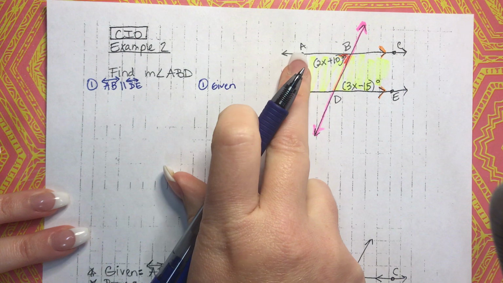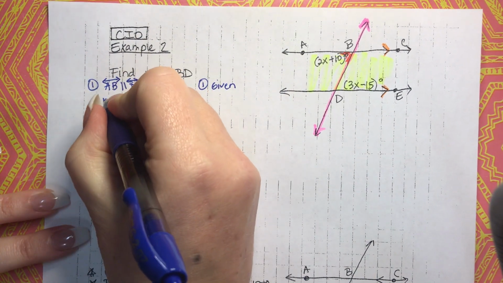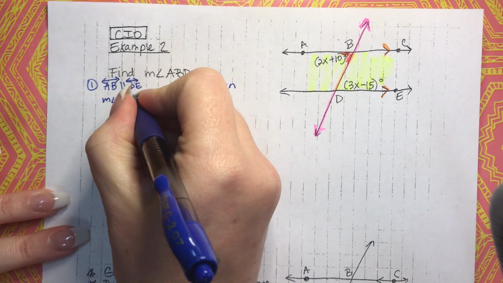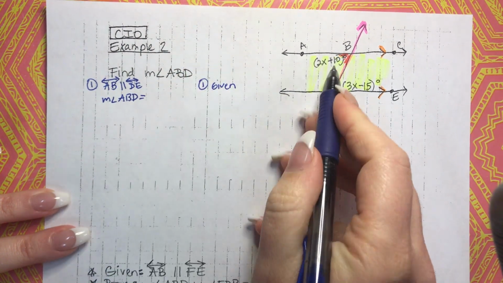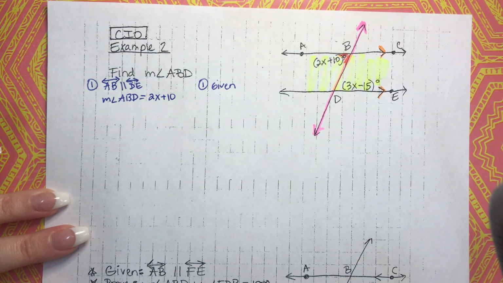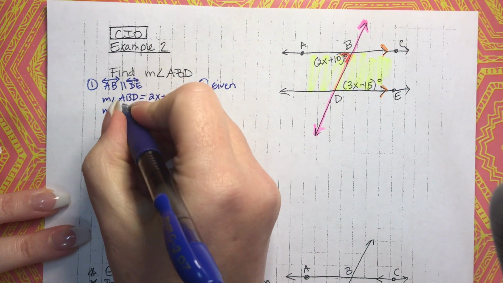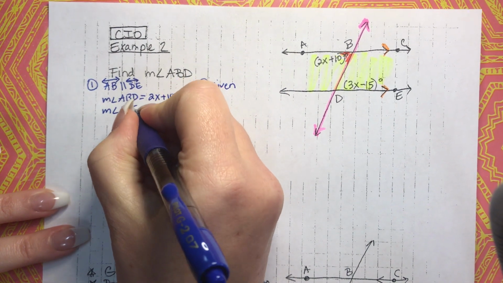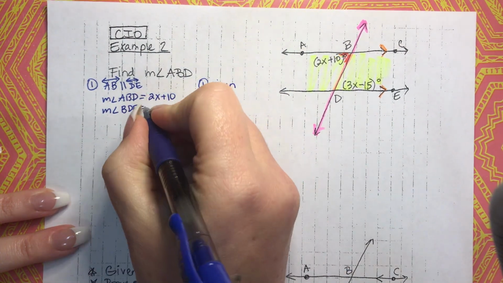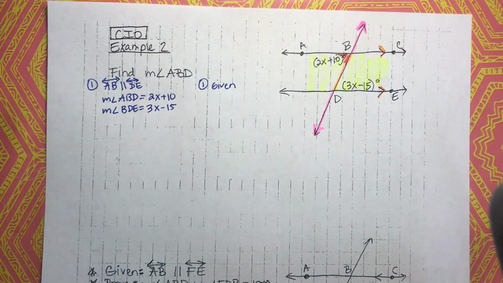We have ABD, so the measure of angle ABD is equal to 2x plus 10. Then what else do we have? We have BDE. The measure of angle BDE is equal to 3x minus 15. Okay, so that's all the given information.